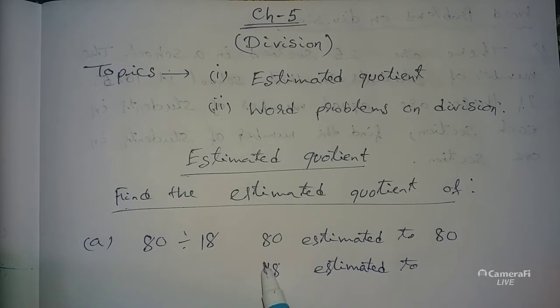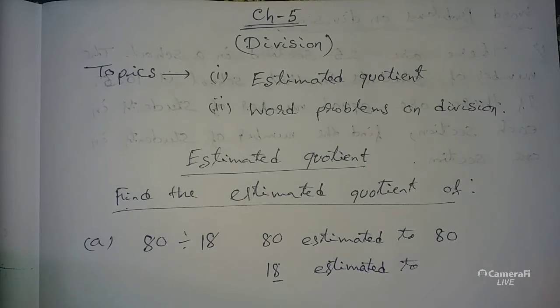There are two places, 1 and 10. We have to estimate the number to its 10 place. The one place digit is 8, greater than 5, so the 10 place digit will be increased by 1, to 2, and the one place digit will be 0. So 18 is estimated to 20.